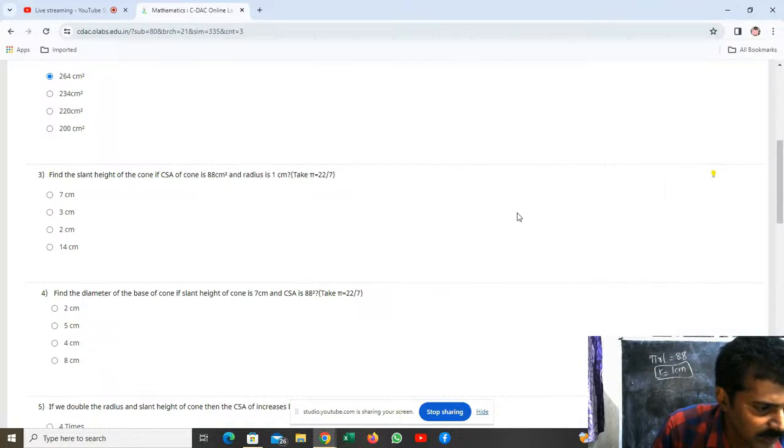So the CSA of a cone is 88 centimeters and the radius is 1 centimeter. Then what is the value of L? You can say the answer, then I will continue. Otherwise, I will explain things.